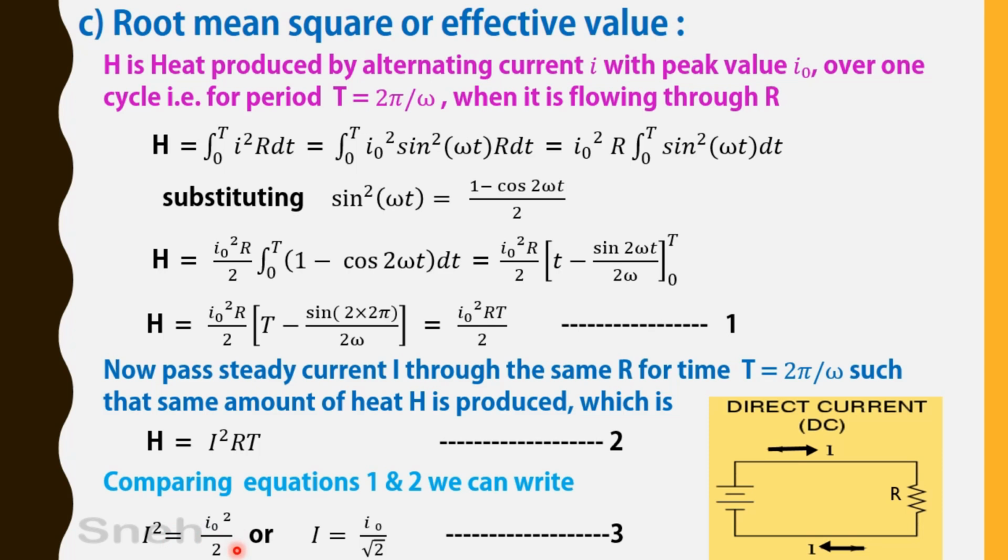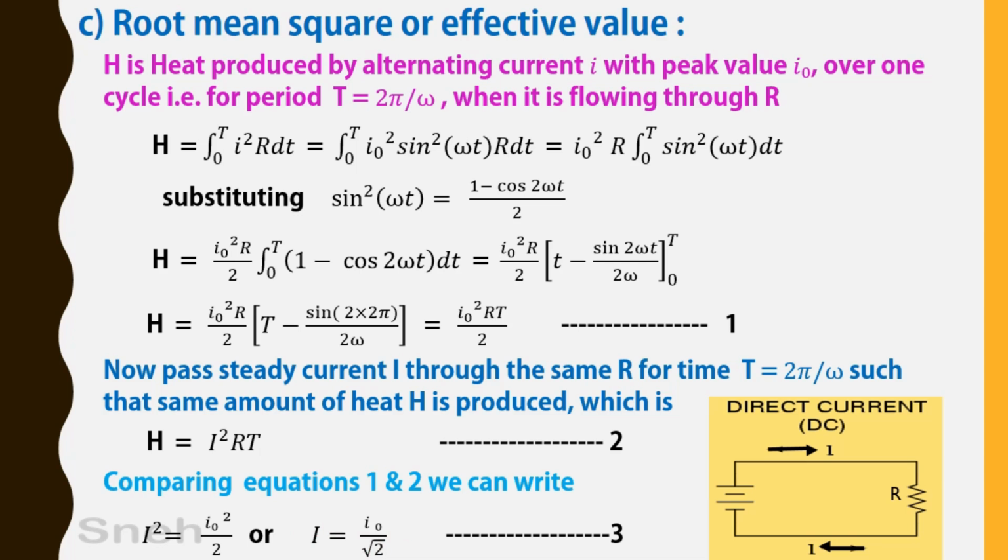Taking square root on both sides, I is equal to I0 upon root 2. So the amount of DC current for which the same amount of heat is generated as by AC is I0 upon root 2.